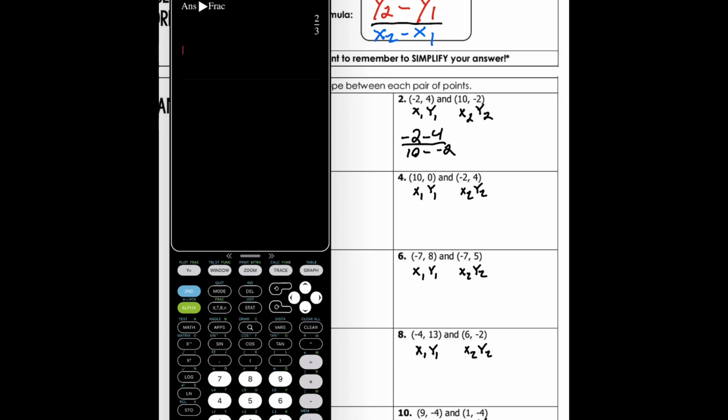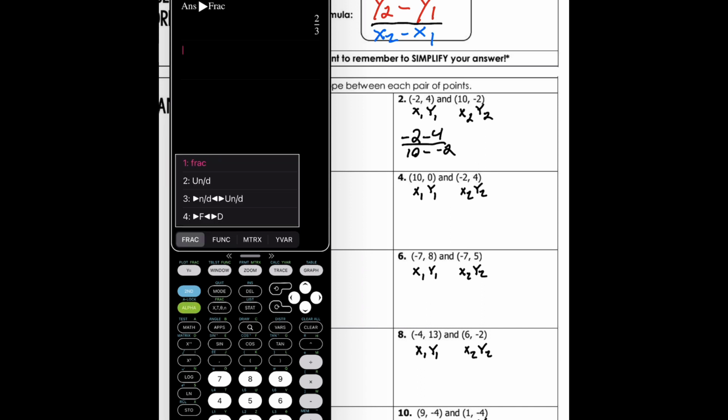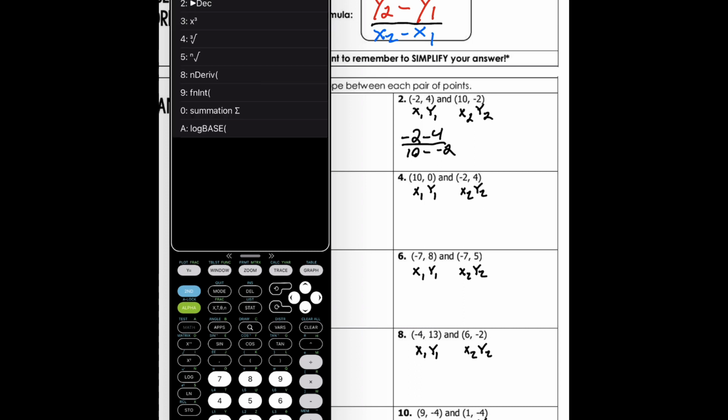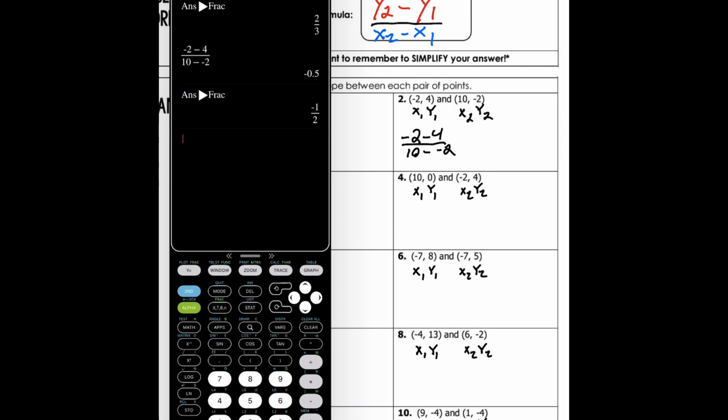So I have alpha, y equals, enter, negative, so I'm not using the minus sign, negative 2 minus 4, right? We have to be mindful of our negatives and our minuses. Arrow down to 10 minus negative 2. Arrow over, I hit enter, I hit math, enter, enter, because I have to, and you get negative 1 over 2.